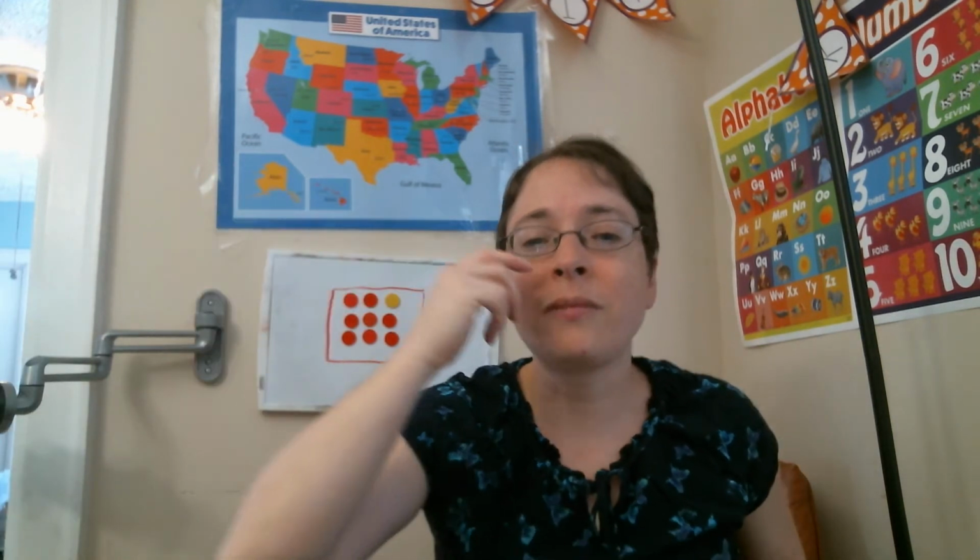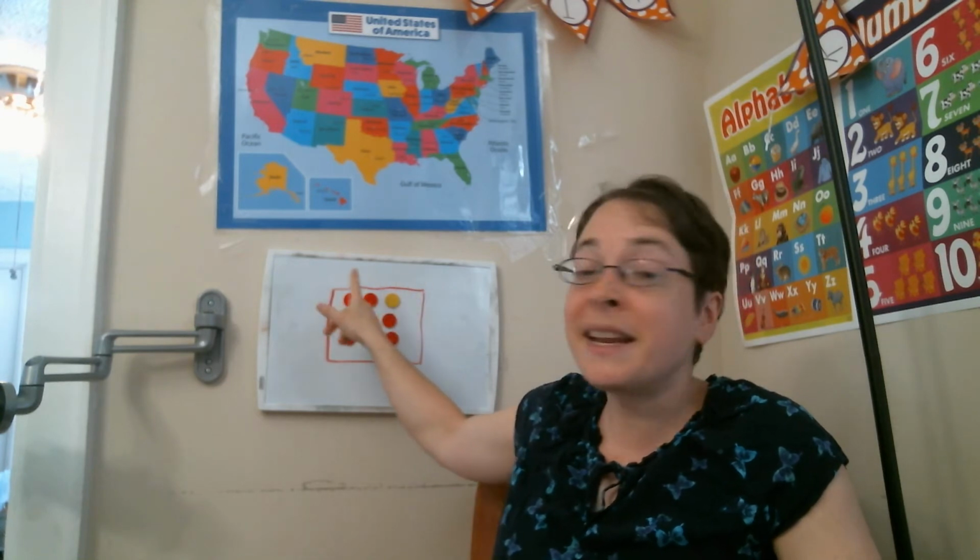Okay. So now let's try our application problem. Do you remember when we had the picnic blanket and we had ants on our picnic blanket? Well, you can use a piece of paper for this and 9 objects to be your ants.